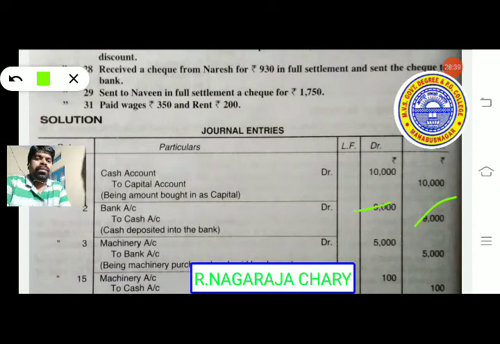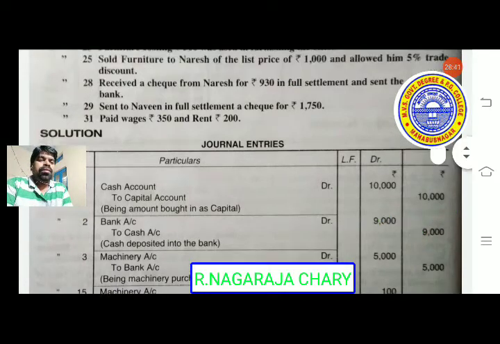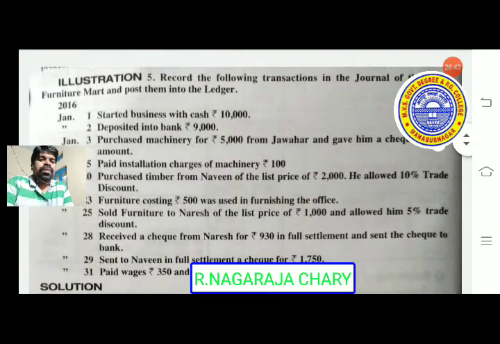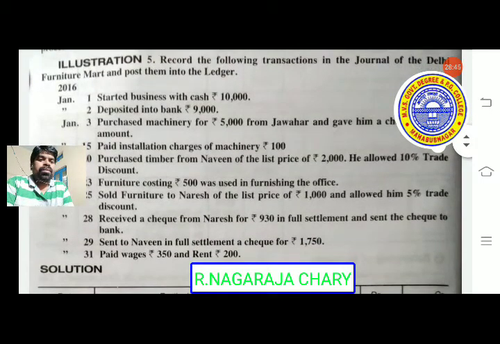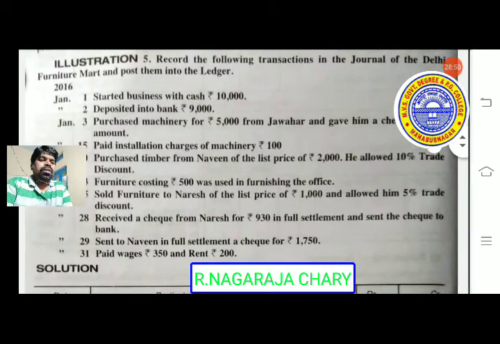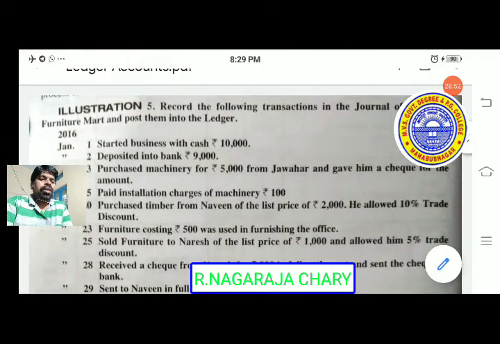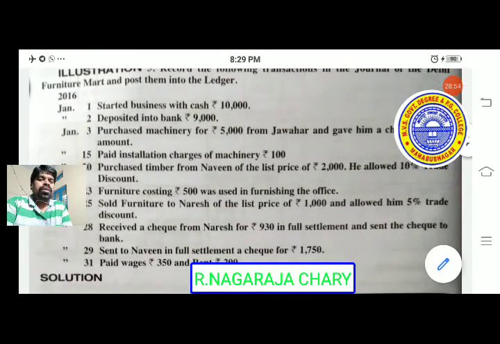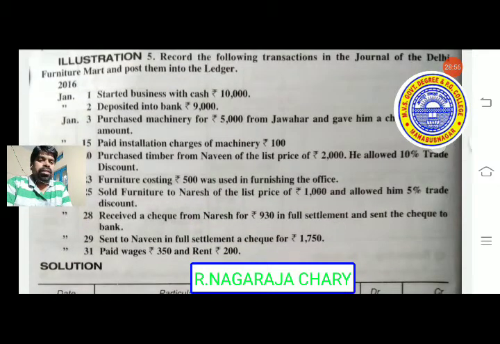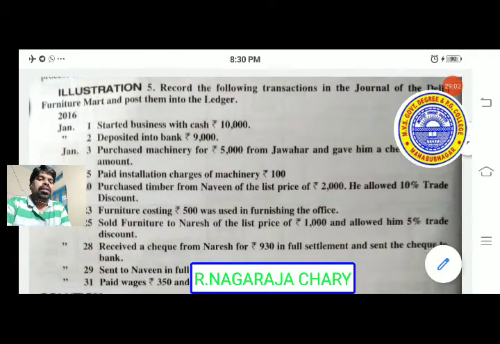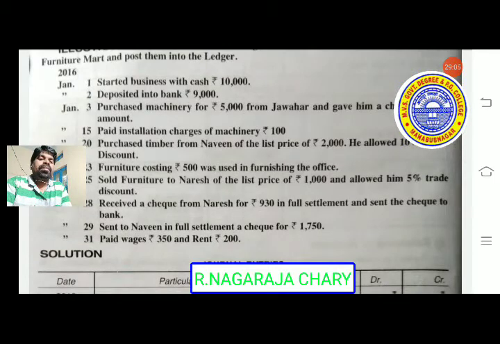Okay, right. Next we see the third transaction, that is purchased machinery for rupees 5,000 from Jawahar and gave him a check for the amount. So, on January 3rd we purchased machinery worth 5,000 rupees from Jawahar and gave him a check for the amount. So, this is a bank transaction.